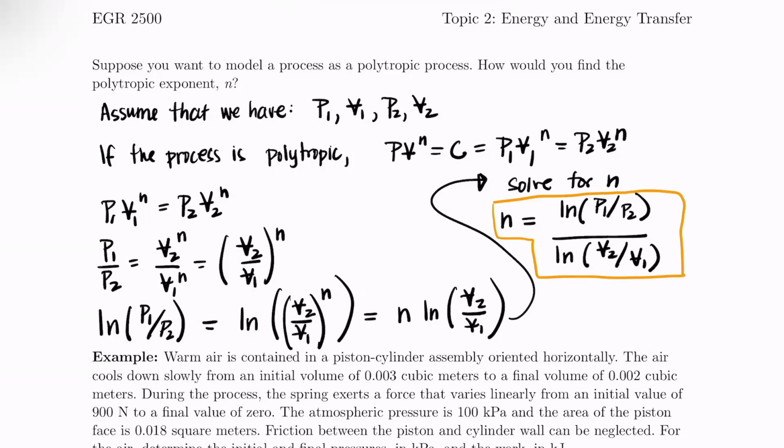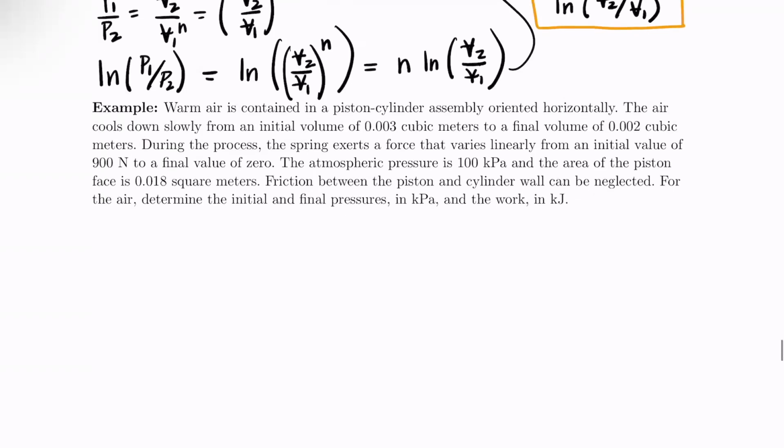Okay, let's do an example. So we have that warm air is contained in a piston cylinder assembly oriented horizontally, which I'm going to draw you a picture of right now. So here is our horizontally oriented piston cylinder.